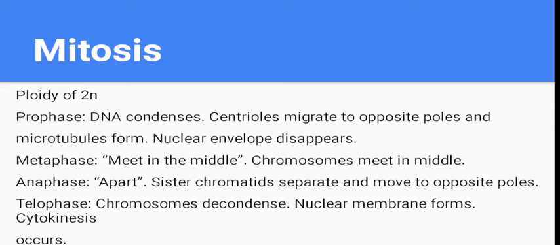Metaphase is meet in the middle. Anaphase is pulled apart. In telophase, the chromosomes decondense, the nuclear membrane forms, and then cytokinesis occurs. Prophase and telophase are probably the harder ones to memorize.